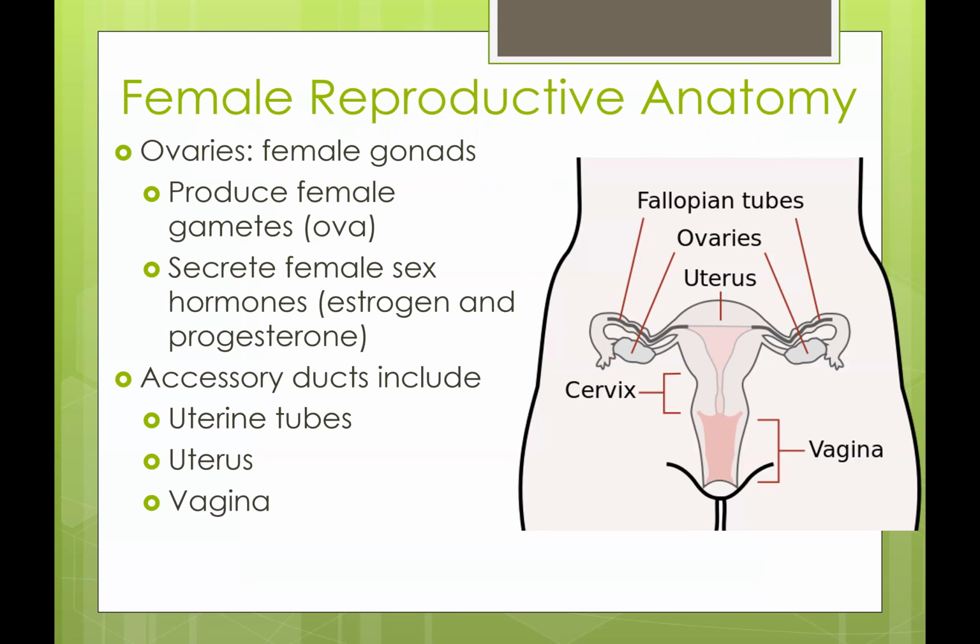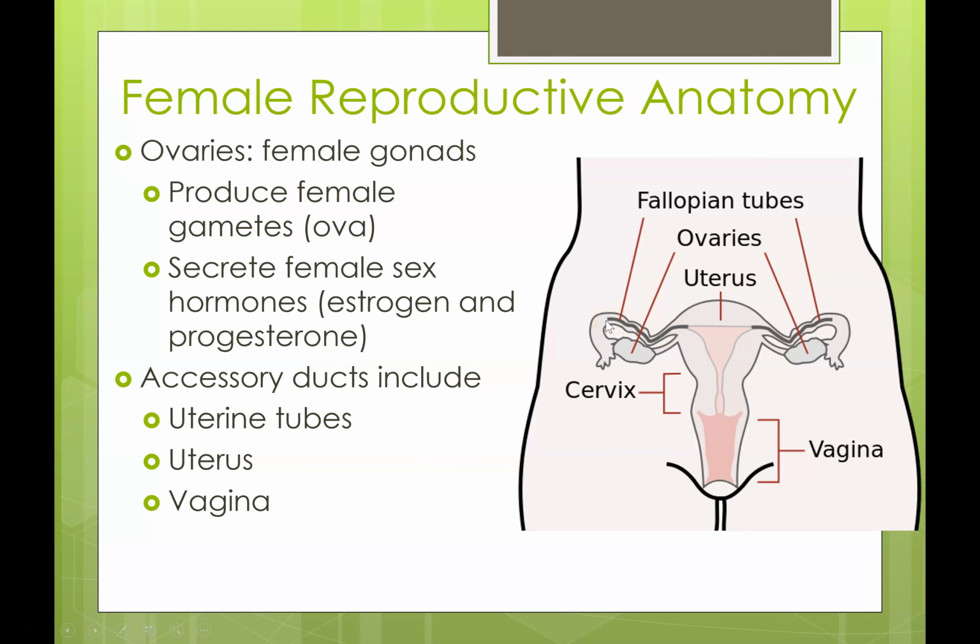We have the ovaries, which are going to be our female gonads. Their job is to produce a gamete, which would be an egg or an oocyte or ova, and they also secrete the female sex hormones estrogen and progesterone. We also have some accessory ducts that will include our uterine tubes, which are also called fallopian tubes, also known as oviducts.